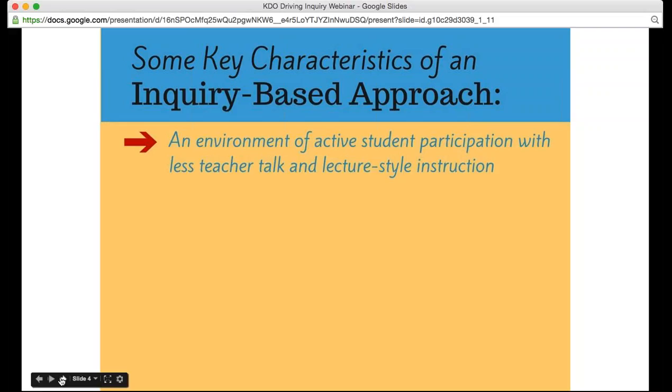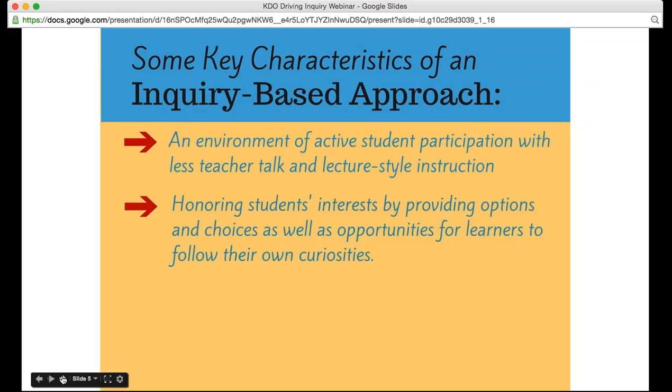The students can pursue their own learning interests and follow their own curiosities. Also, the teacher honors the students' own interests by providing choices and options so that students can find their own pathways for learning and opportunities to discover what's interesting to them.